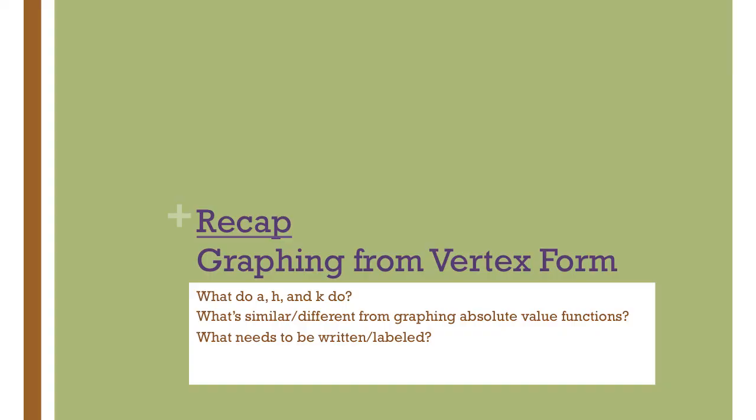So A and H and K do those same things they do for absolute values. It's just that we draw a different shape in between. And the A doesn't continue as the slope in the same way. Right? Slope is the same rise, same run, same rise, same run.